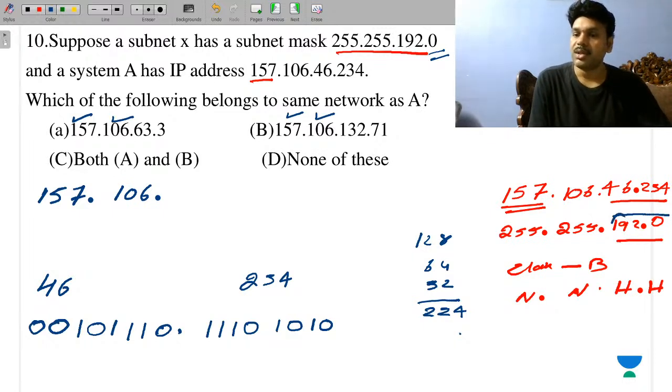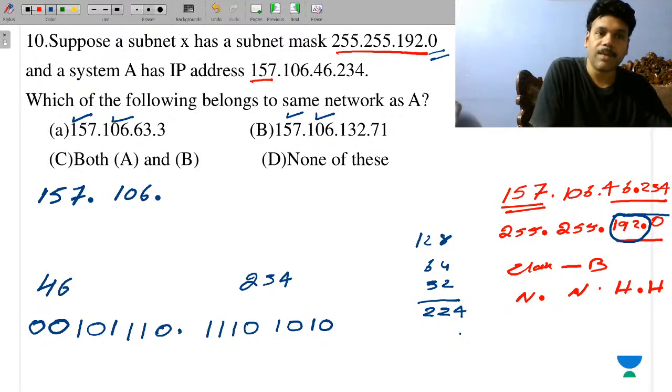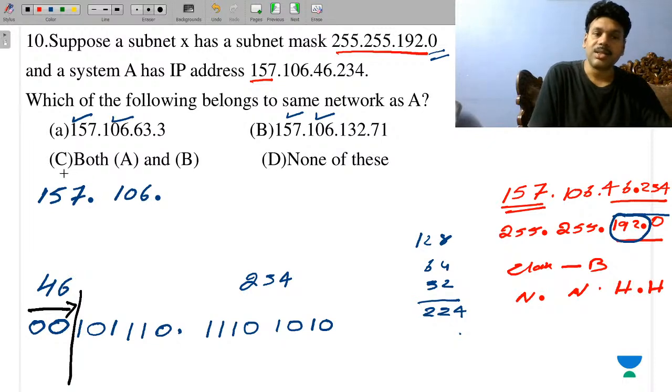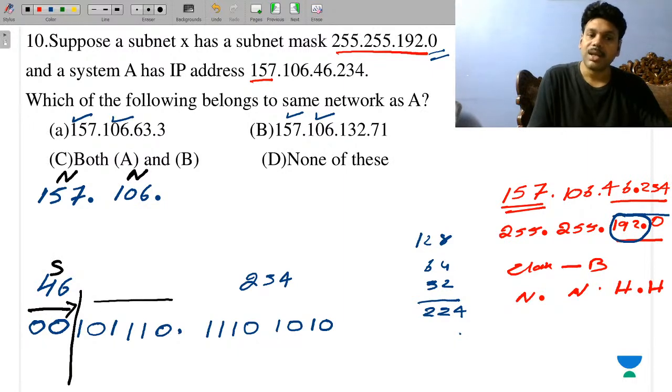He has mentioned 192 and the remaining are all zeros only. So 192 is nothing but 2 bits on. Therefore, take the 2-bit position. You just take a border from there. This is your network ID. This is your subnetted part, and the rest is your HID part.